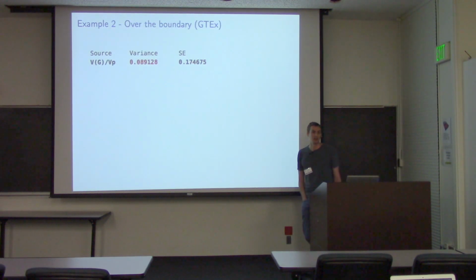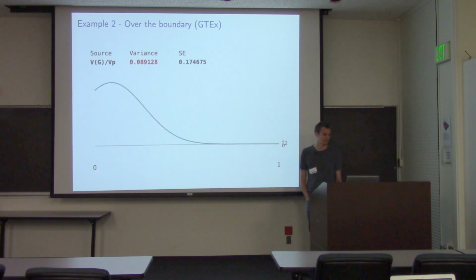But as anyone who's done heritability estimation in practice knows, often you get some very weird things. For example, especially if the sample size is small, but also in other situations. One example is this. We have the GTEx dataset, and let's say we did a heritability estimate, and we got a heritability estimate of 0.089. And we got the standard error. But then the standard error is larger than the estimate.